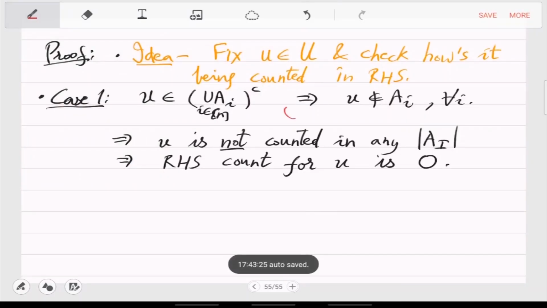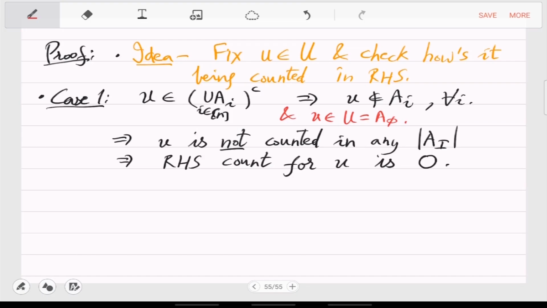No, so small u is not in any of the AIs. Why is the left side 1? Oh, sorry, yeah. Okay. So, but yeah, I should add here, obviously small u is in U, which is A empty by definition.